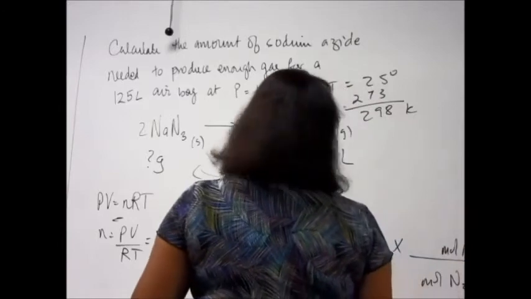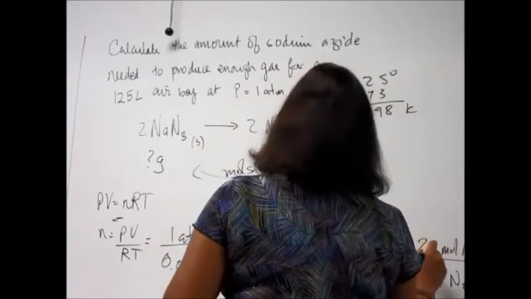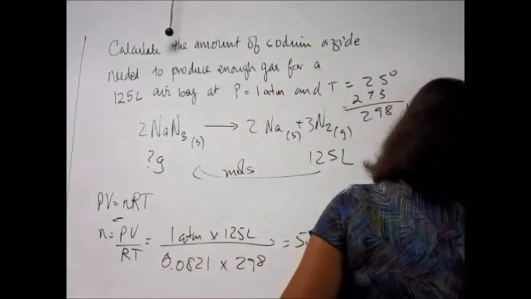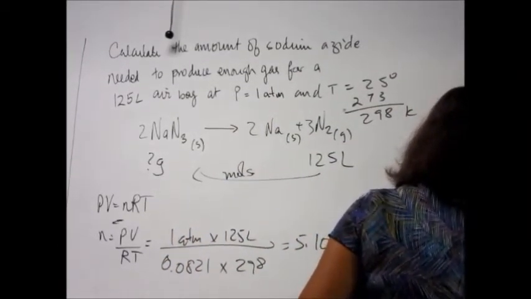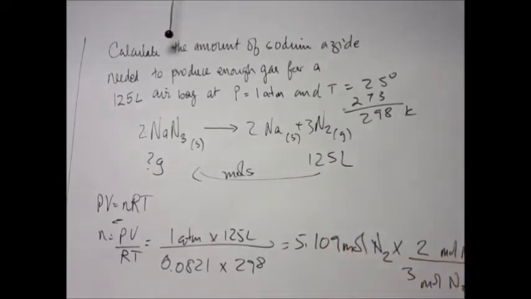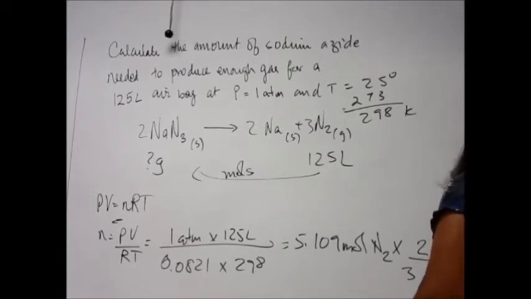And then convert sodium azide to grams. So 3, 2, and 65.02 is the weight of sodium azide, and the answer is then 222 grams.